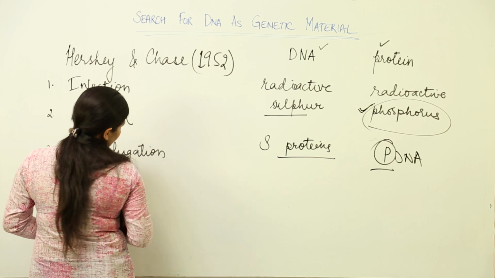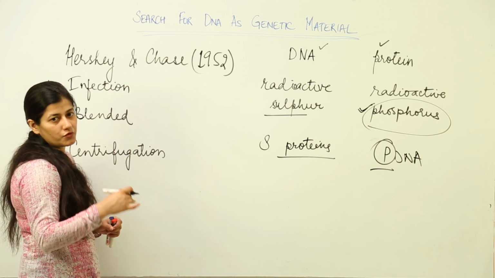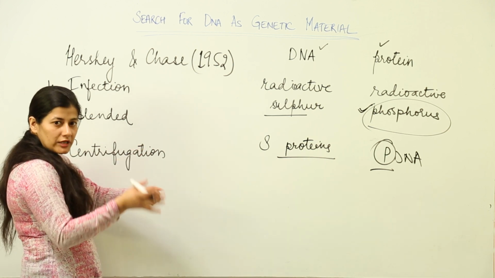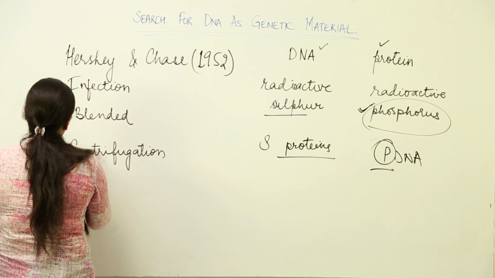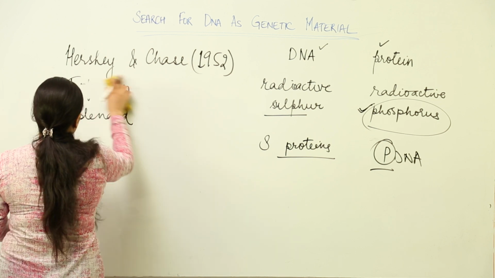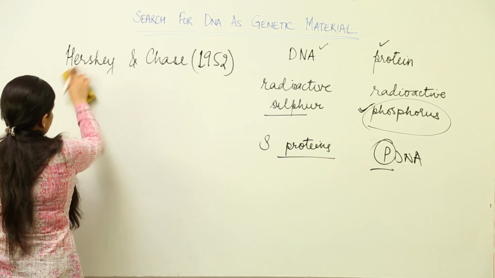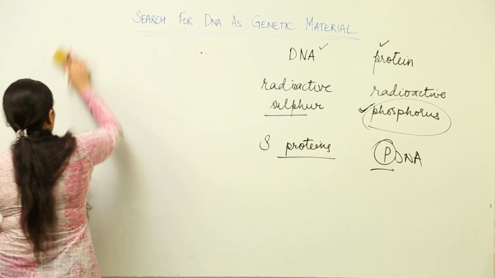Now we have to establish which one is the genetic material. We know that the information would be sent in and something would stay out. Now supposedly, if it is DNA which stays out, then we are going to see these 3 steps happening and how it happens. I hope you remember the name of these 2, the year when they worked on this.